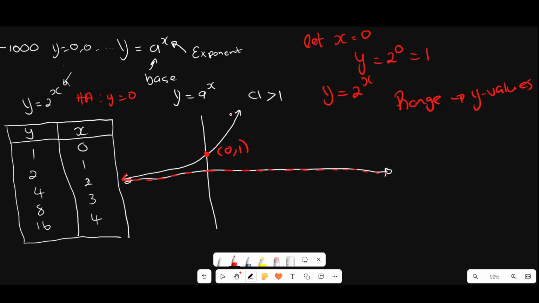Basically, which values of y are included in this graph here? That's what we mean by a range.